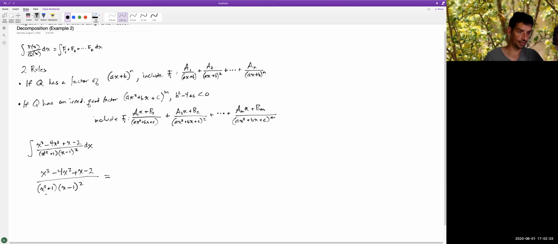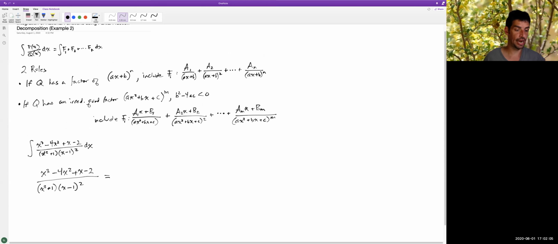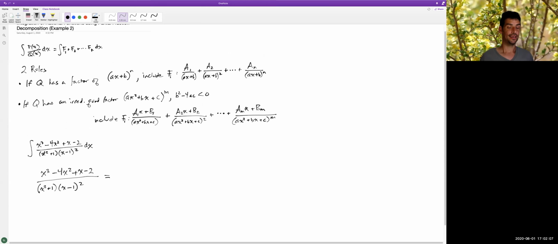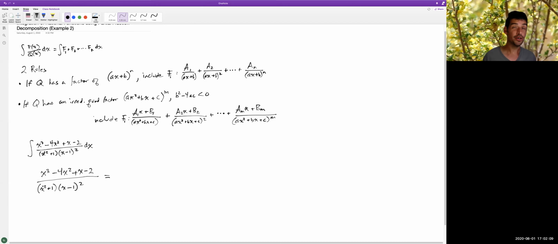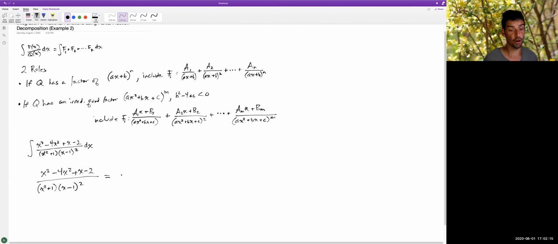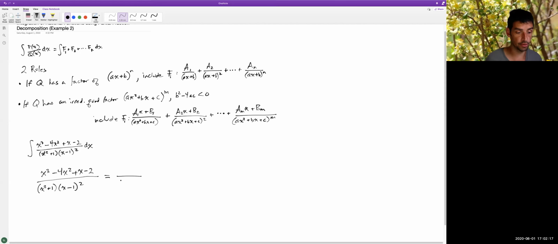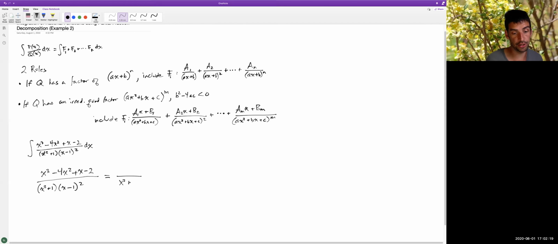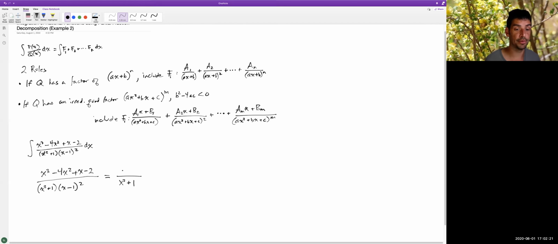My first factor, so luckily this one happens to be factored already, is an irreducible quadratic, right? There are no roots to x squared plus 1 in the real numbers, no number that squares to be negative 1. So that means, according to the rules, I need to have a fraction over here with that in the denominator.